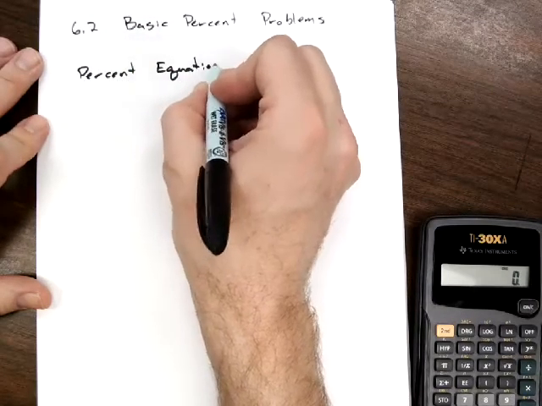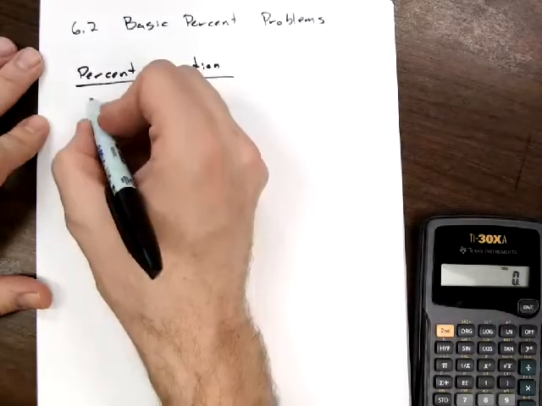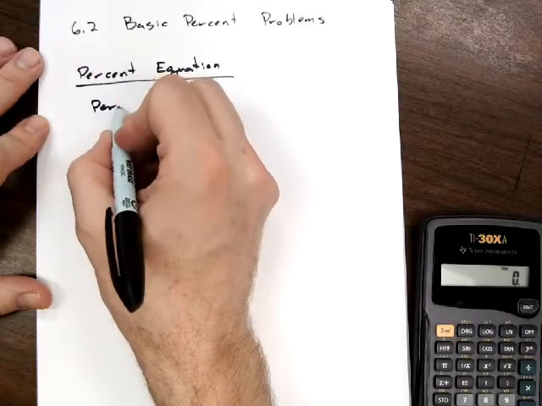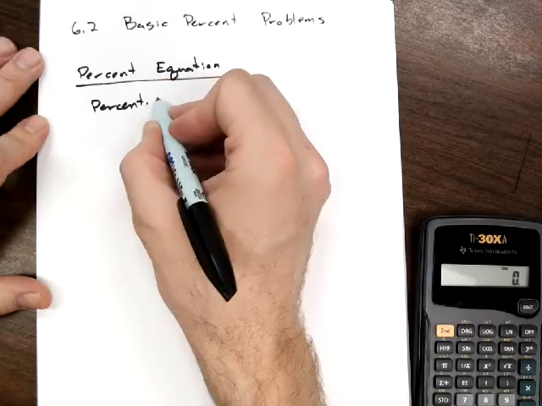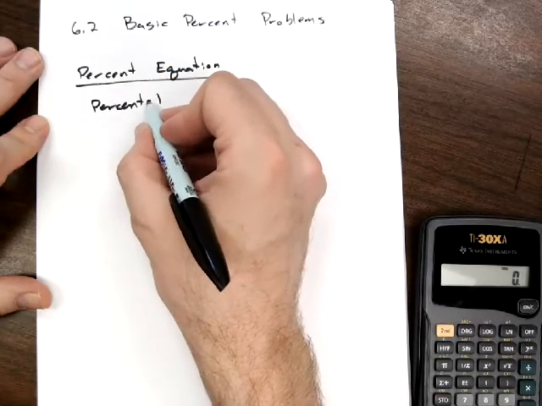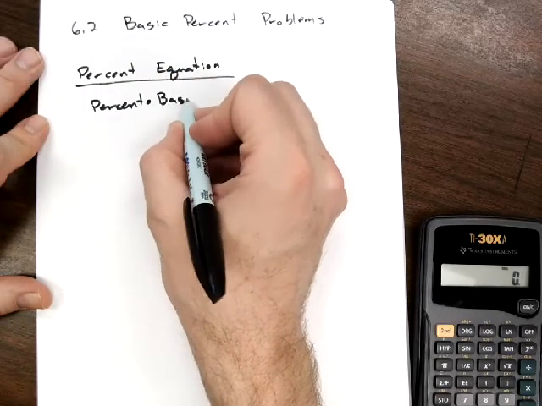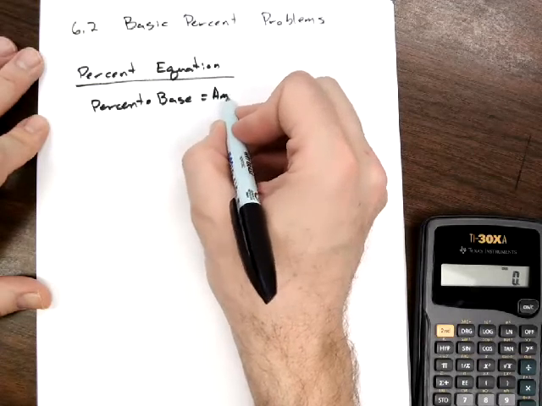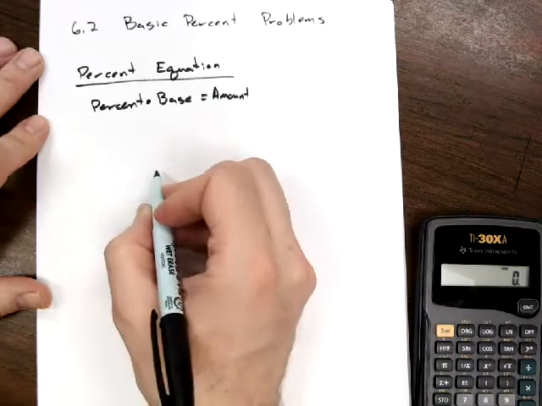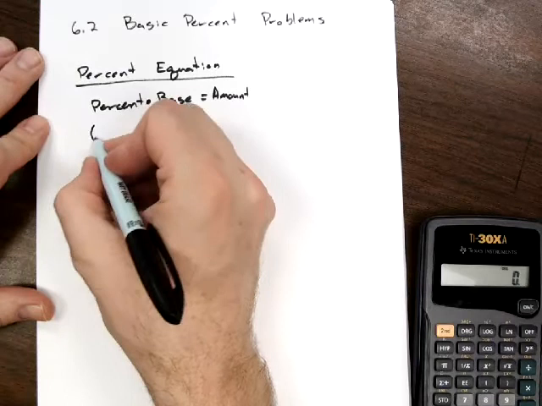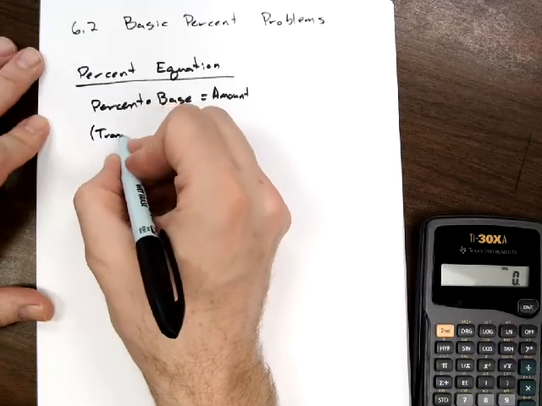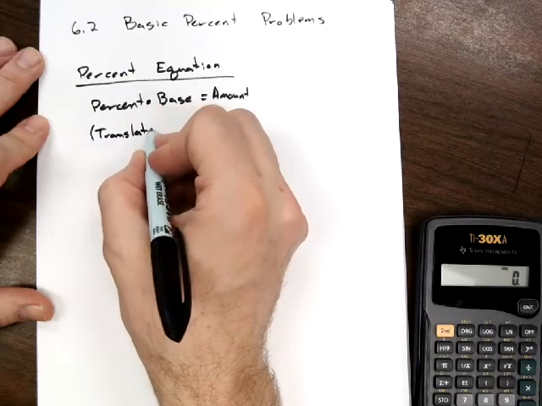And our percent equation is basically this: a percent times a base is equal to an amount. And when we're solving things, we're just going to translate and solve.